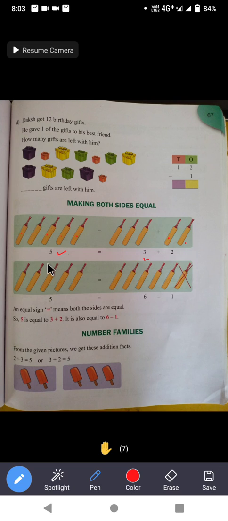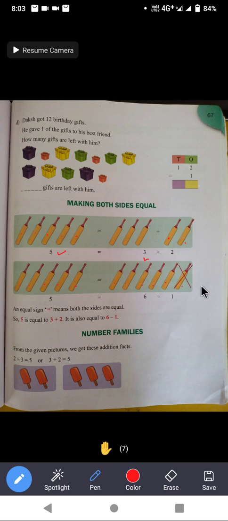And look here, we have 5 on the left hand side, 1 2 3 4 5, and on the right hand side we have 1 2 3 4 5 6. So 5 is not equal to 6, and we have to make it equal.